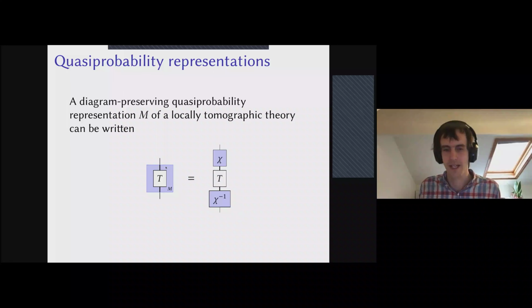Those are also going to be constrained by our structure theorem, because they're basically the same as an ontological model, except that the probabilities don't have to be positive. Okay, and so in the language that people use in the quasi-probability literature, this means that you should always use a complete frame and not an over-complete frame to define your quasi-probabilities.